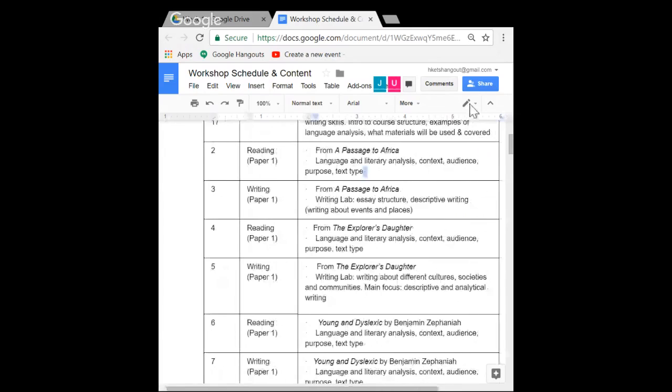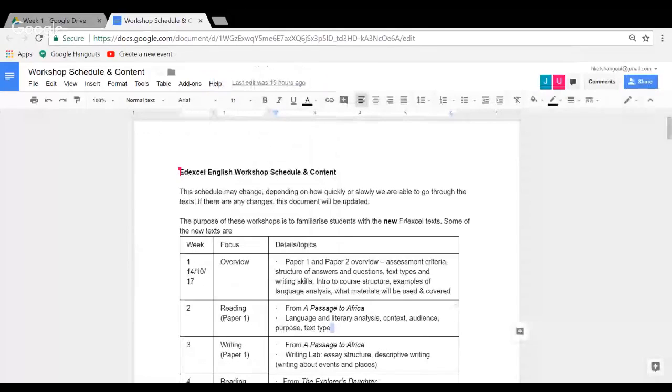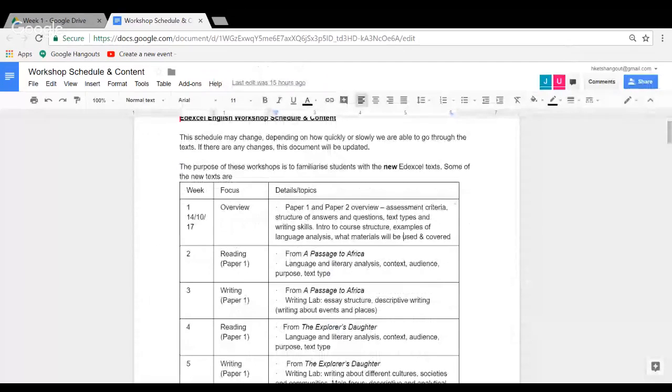Now let's start with course content. Workshop schedule and content. Can everybody see that file? In the workshop schedule and content, week 1 covers the overview of paper 1 and paper 2, the assessment criteria, structure of answers and questions, text types, writing skills, and so on.